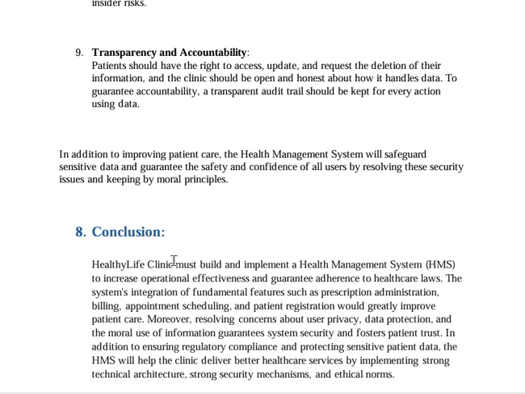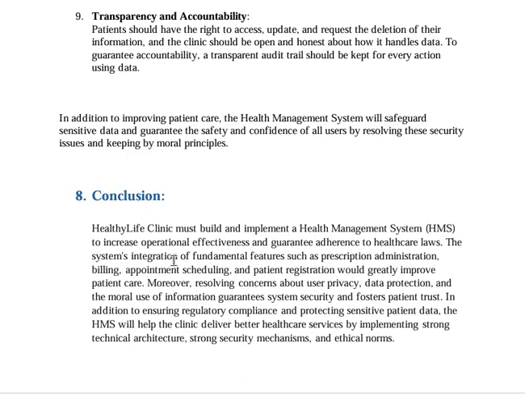In conclusion, the health management system will significantly improve efficiency, patient care, and legal compliance. It's essential to ensure security, privacy, and ethical standards are prioritized in the system design and use. This improves healthcare service by implementing strong technical architecture, strong security mechanisms, and ethical frameworks.